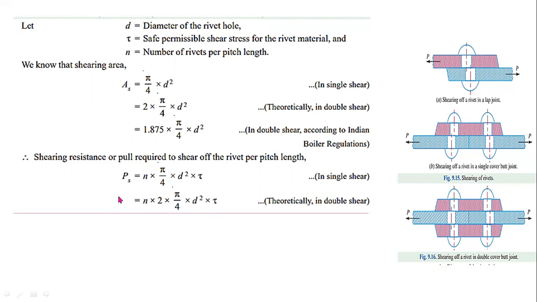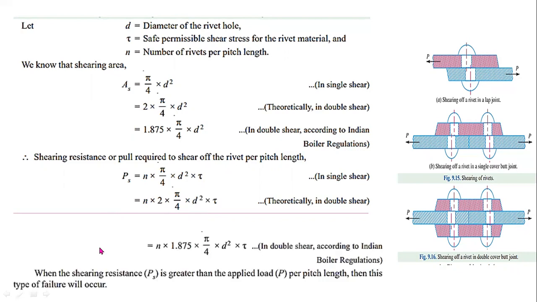So n into pi by 4 d square into tau is for single shear, and n into 2 into pi by 4 d square into tau for double shear. But in practice, for design of boilers, you have to consider n into 1.875 into pi by 4 d square into tau for double shear. Don't consider 2 for boilers.